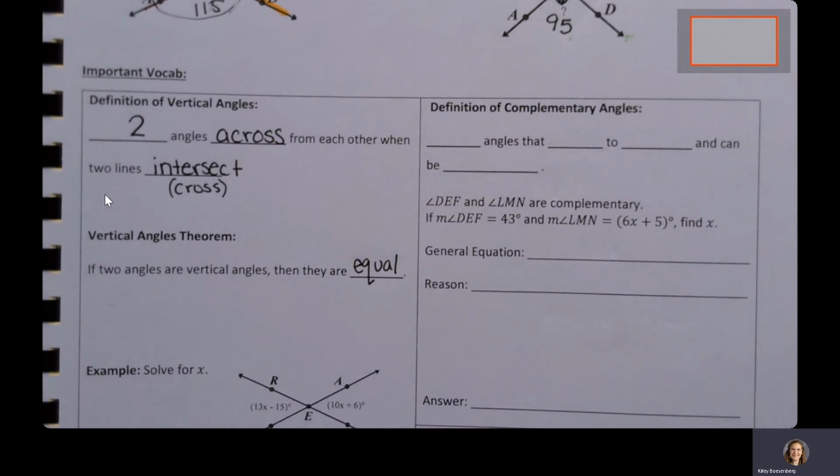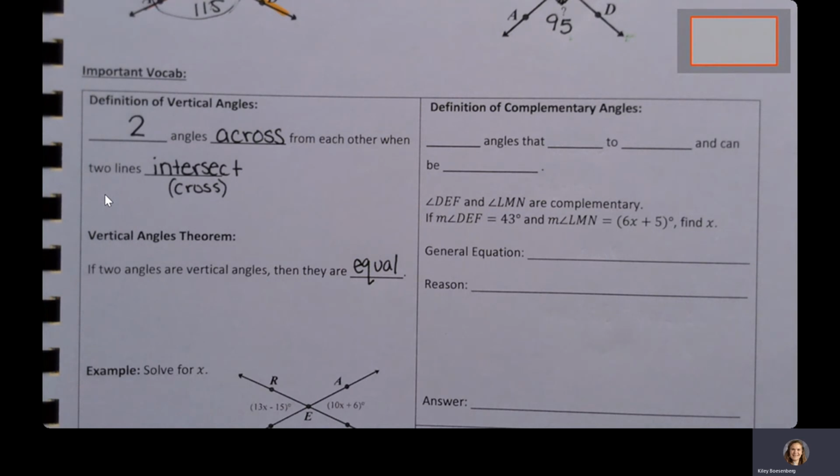That is the vertical angles theorem. There's got to be one word with every piece of vocabulary when we're doing that general equation and reason. It's either definition of or it's that thing theorem. Some of them are theorems, some of them are postulates. It doesn't really matter the difference between the two, but this one would be a theorem, not definition of.